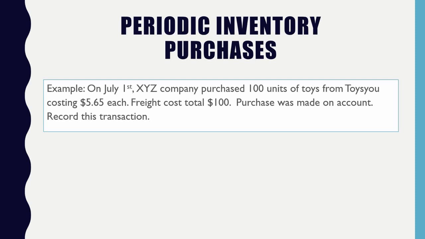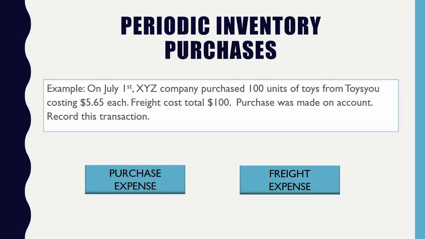In this class, I'm only going to test you on 2 ideas, and that's going to be purchase expense and freight expense, okay? So purchase expense is the actual purchase of the product. How much did it cost you to buy the product?